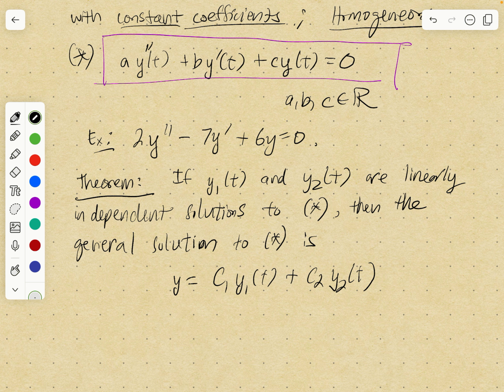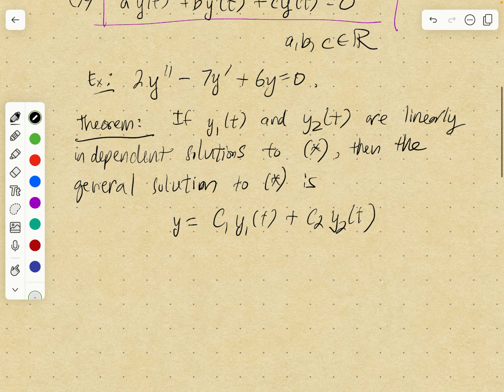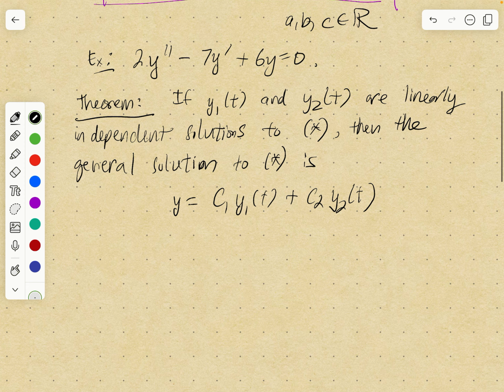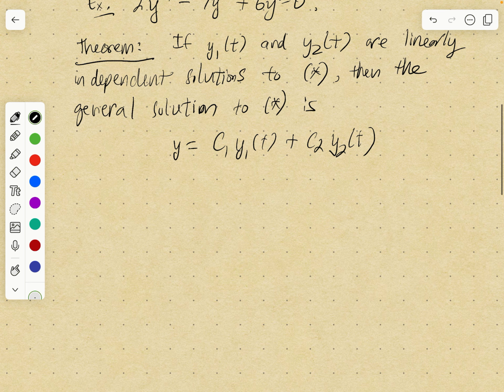So we just need to find y1 and y2, and then once you find them, you know the general solution. So now how do you find just two linearly independent solutions to the differential equation?